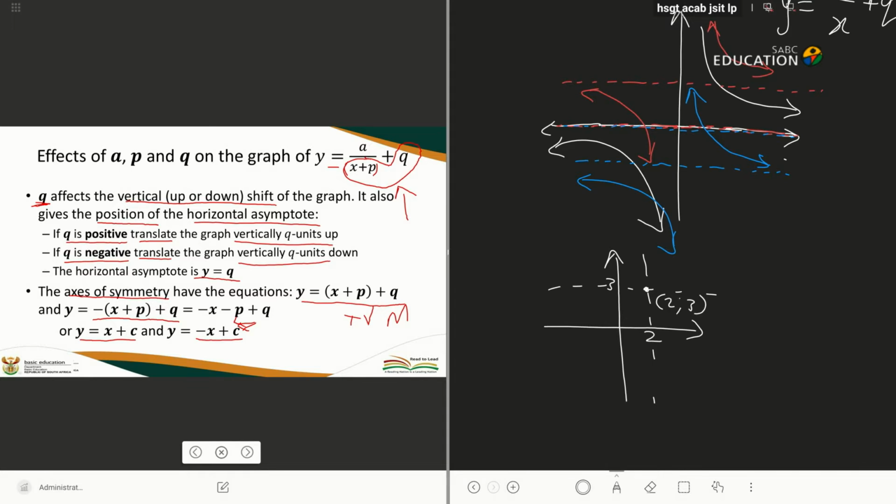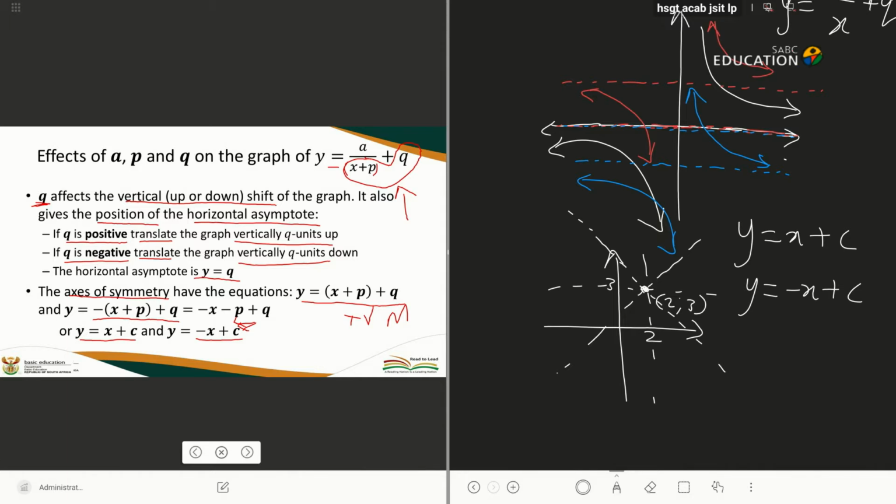Now, your axes of symmetry are both going to pass through this point. The one with the positive gradient and the one with the negative gradient are going to pass through this point. So in order for you to get your c in the equation y equal x plus c, y equal negative x plus c, you are then going to substitute this point into the equation.